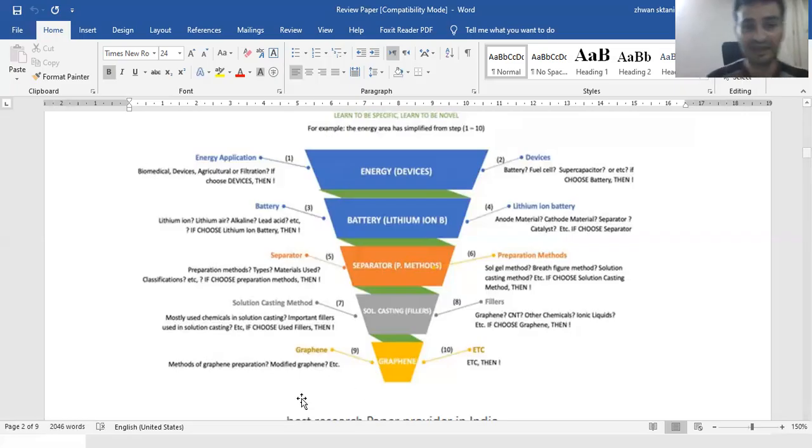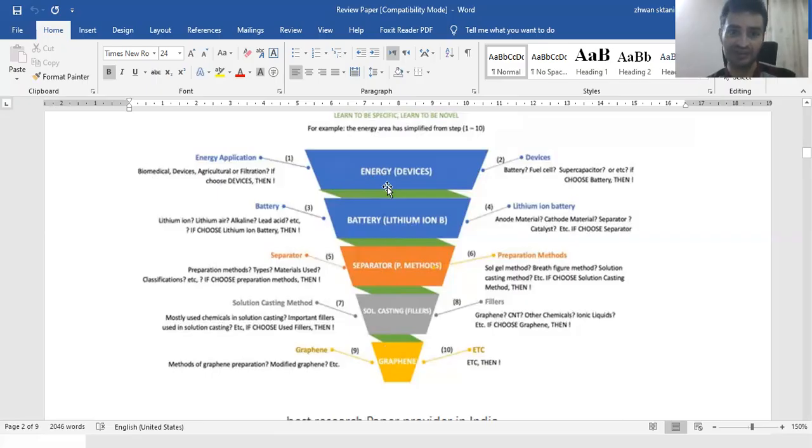For example, in that case, you can write, and this is just an example, maybe not precise 100%, the application of graphene using the solution casting method for separator in the lithium-ion battery for energy devices.